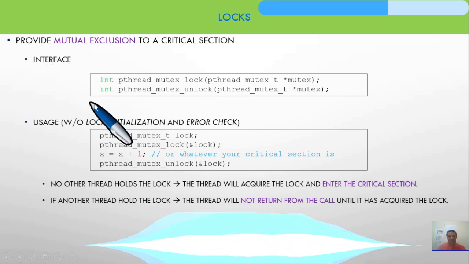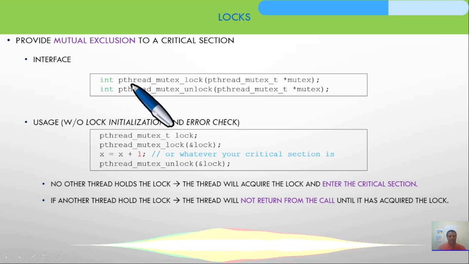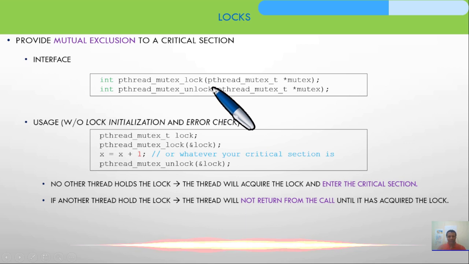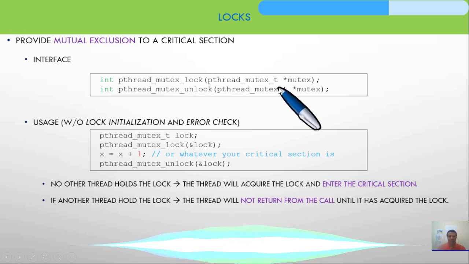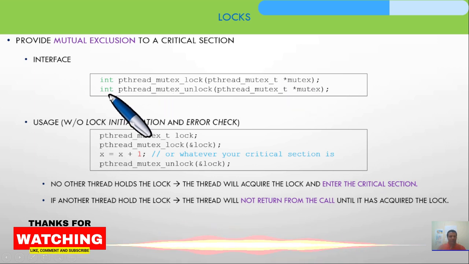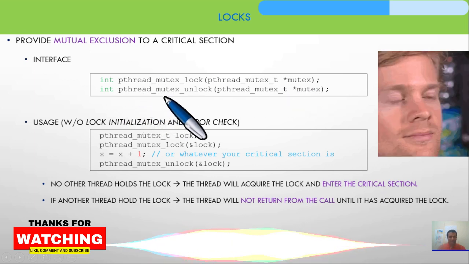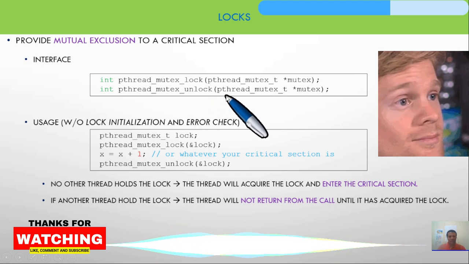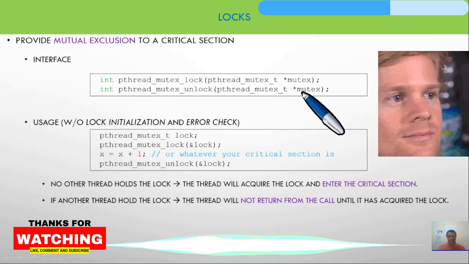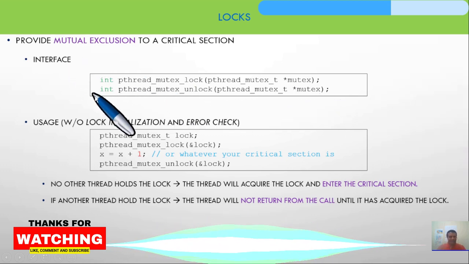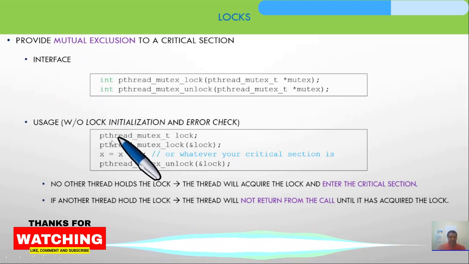So the interface, this is the syntax. The first one, int pthread_mutex_lock, pthread_mutex_t mutex, then again int pthread_mutex_unlock, this is for unlocking, this is locking. So pthread_mutex_t and we have mutex. These are the syntax, the interface, okay.